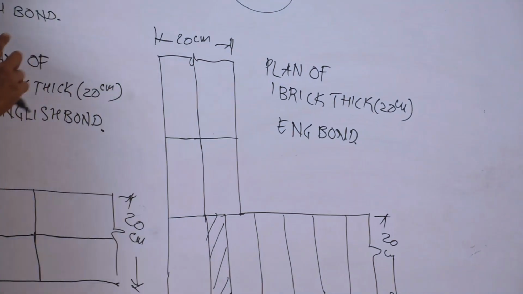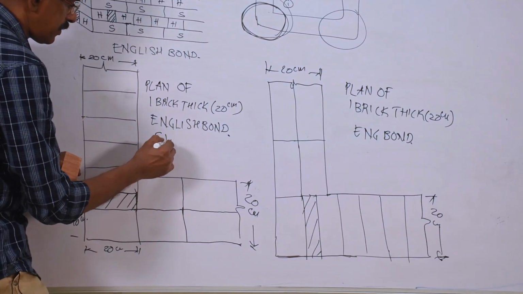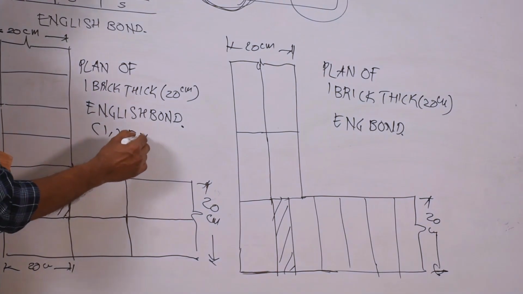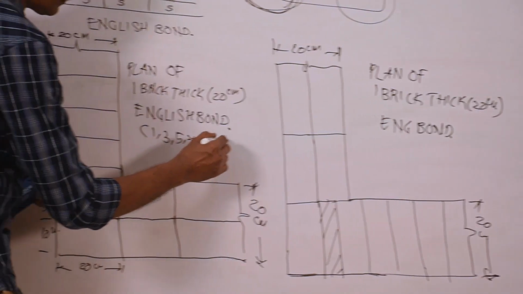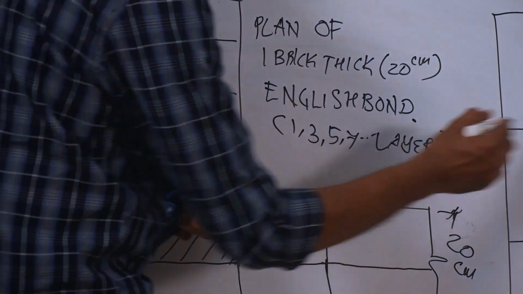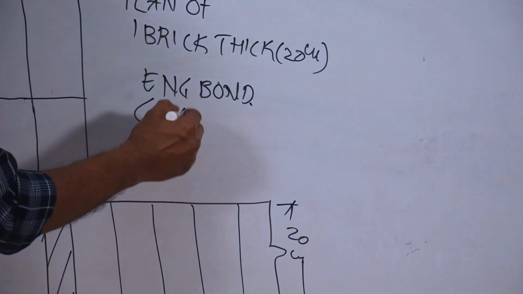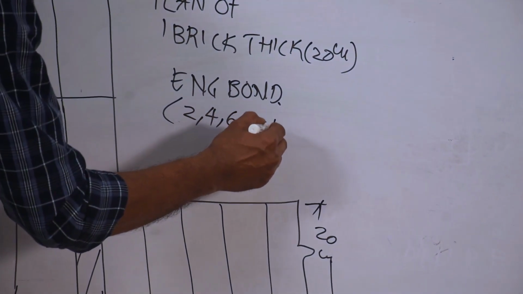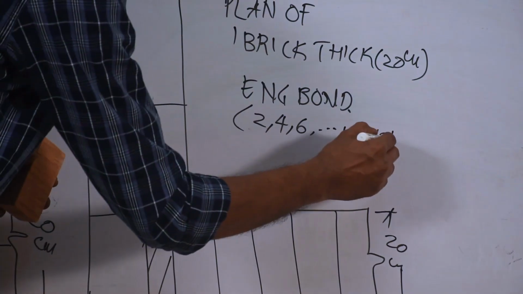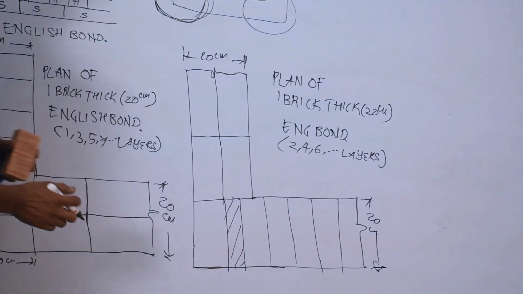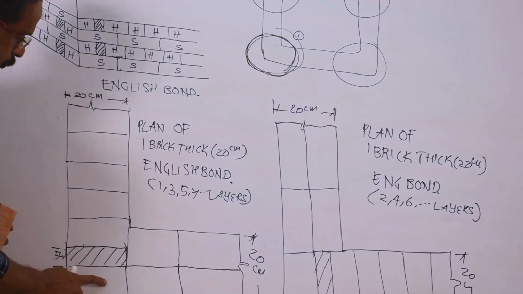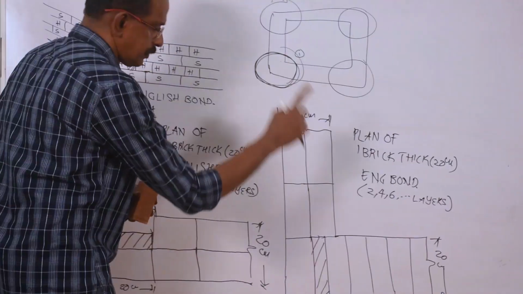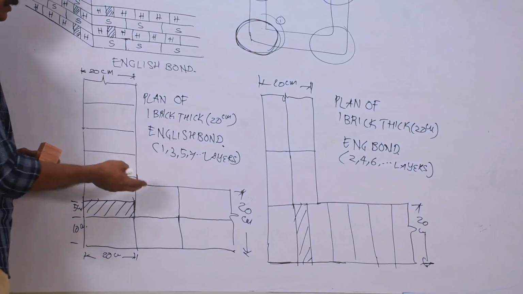Now here, this is the plan of 1, 3, 5, 7, etc. layers. Whereas second case, this is 2, 4, 6, 8 layers. See, elevation, top view, first layer, elevation, top view, second layer, and this will continue.